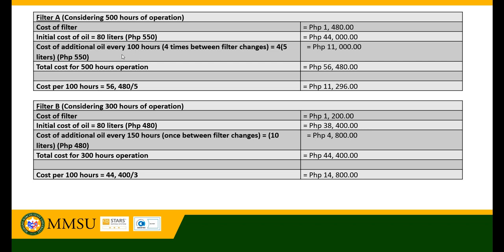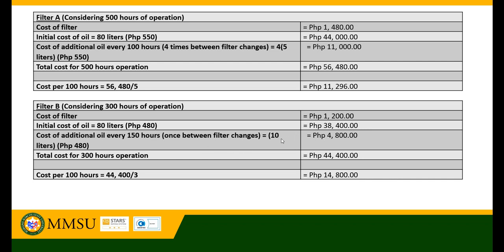Nagdagdag ka na naman nung 300, nagdagdag ka ng 400. So 4 times ka mag-add ng oil. Siyempre hindi ka na magdadagdag sa 500 kasi nga that's the end of the operation. No. Ayan. Ganon din dito. So nagdagdag ka ng oil noong 150, noong 300 na hindi ka na nagdagdag ng oil. So once ka lang mag-add ng oil in this situation.